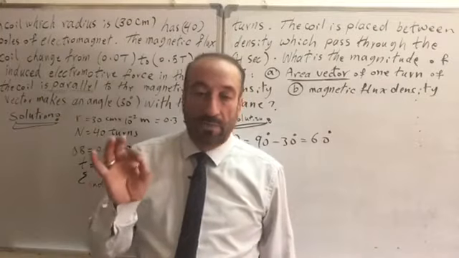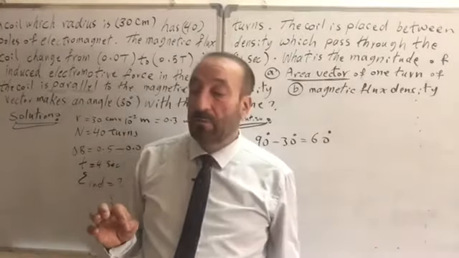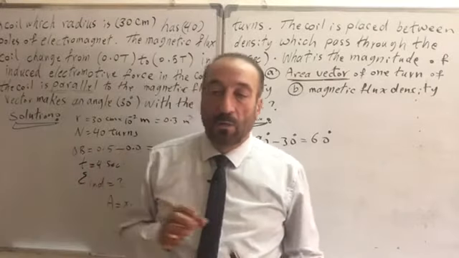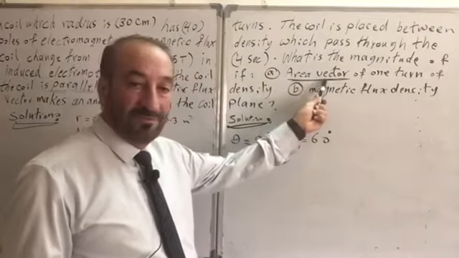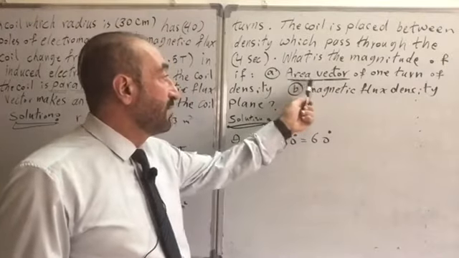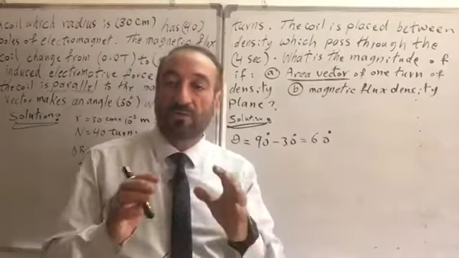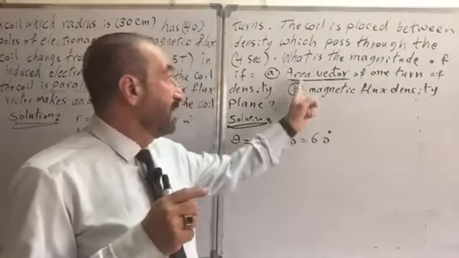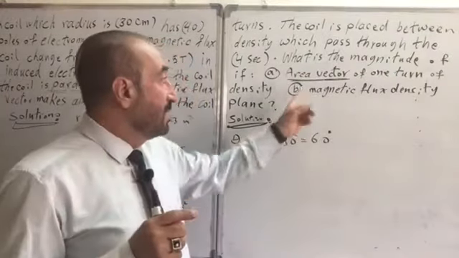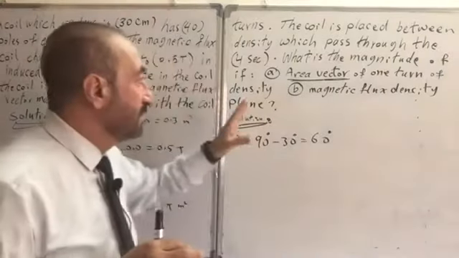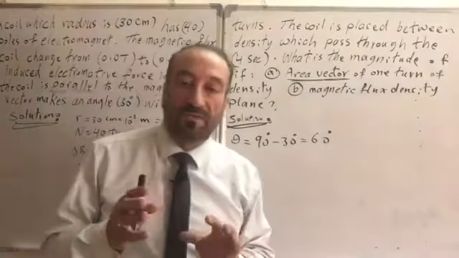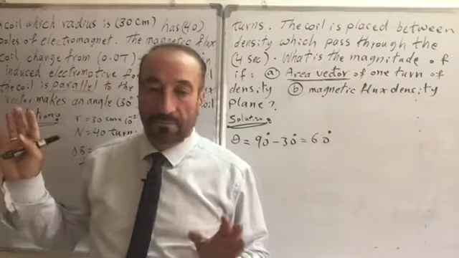Now you have an important notice. When we find the phrase area vector, a phrase consisting of two words, we take the same angle as in the question. For example, if the question says theta equals 30, we say our angle theta equals 30.